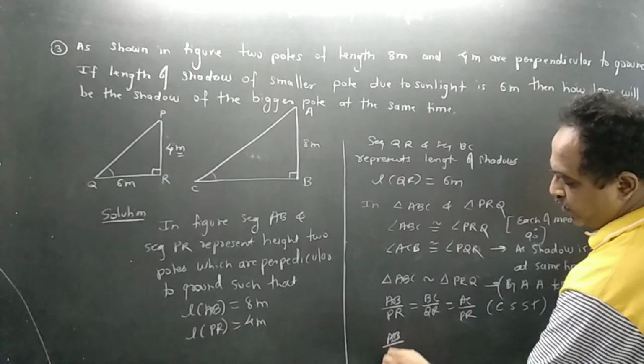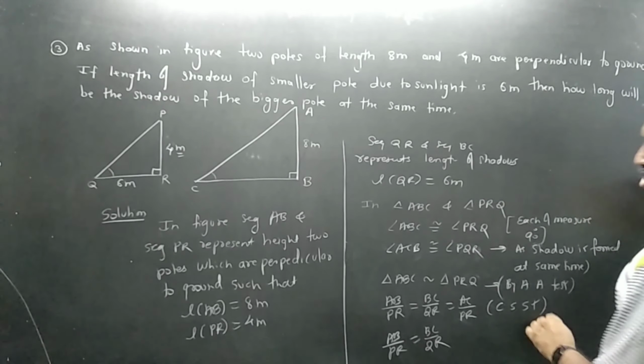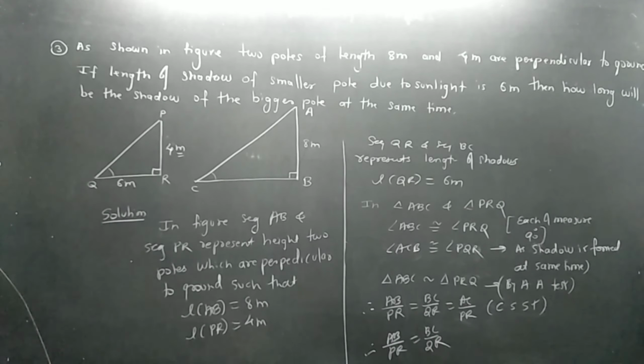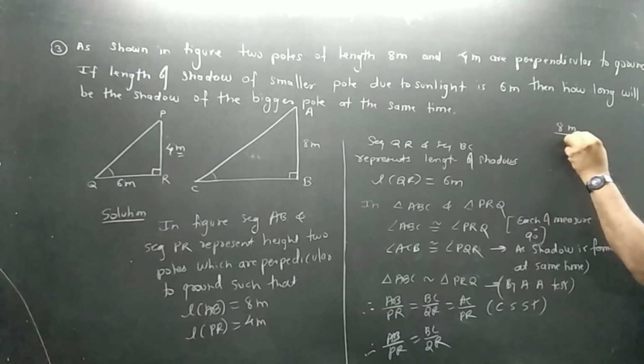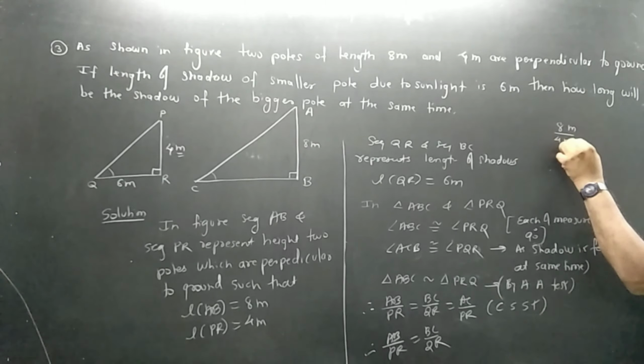So, what are you going to do now? AB upon PR is equal to BC upon QR. Got it now? Now, what is the value of AB? It is 8 meters. What is the value of PR? 4 meters.